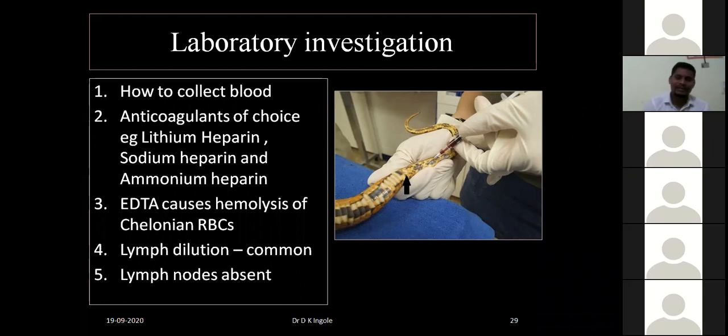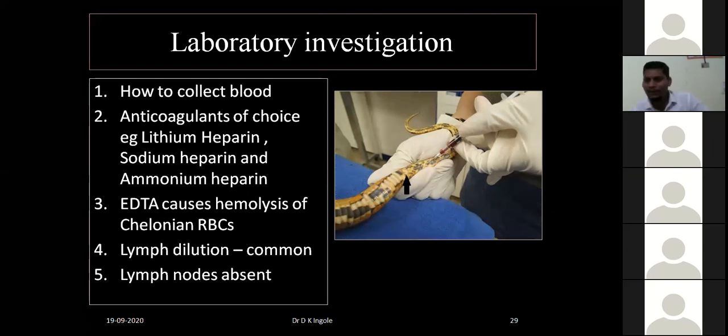Again, in one interview there was a question: what is the color of reptiles' blood? Here you can appreciate the color, but most of the time that is red only. All blood is red only, but in reptiles you may find blue because that is not blood. Actually, that is lymph dilution.